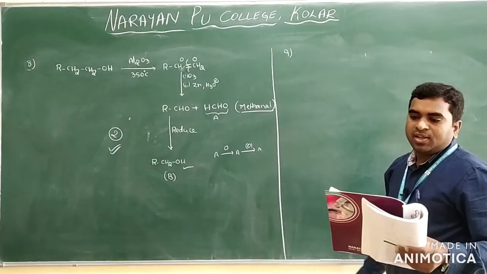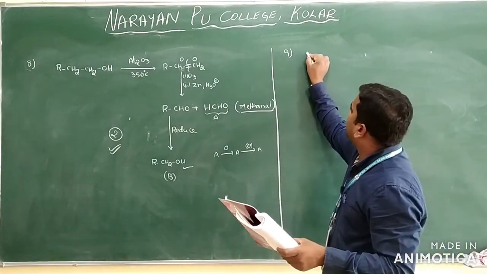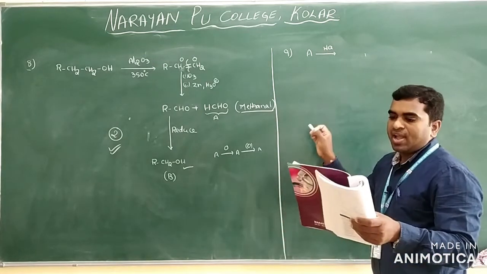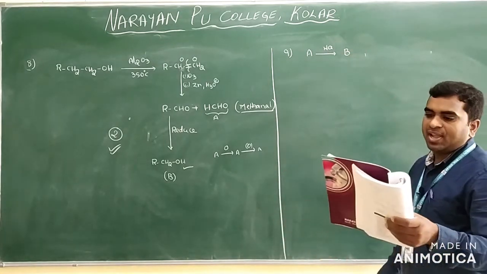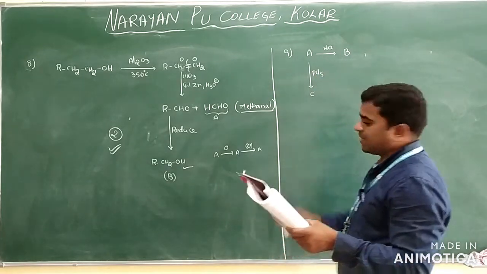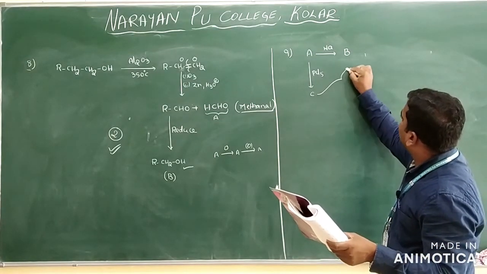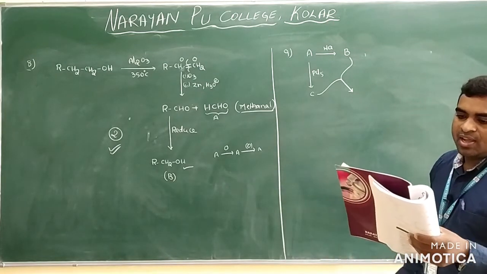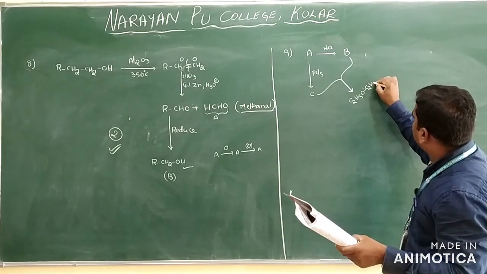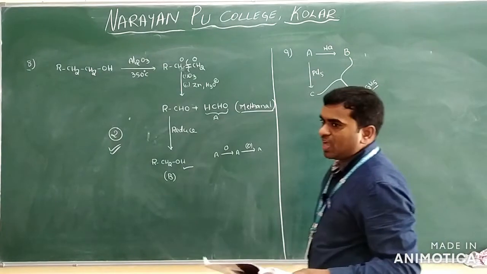A on treatment with sodium gives B, and with PCl5 gives C. Next, B and C react together to give diethyl ether, C2H5OC2H5. So A, B, C are in order.